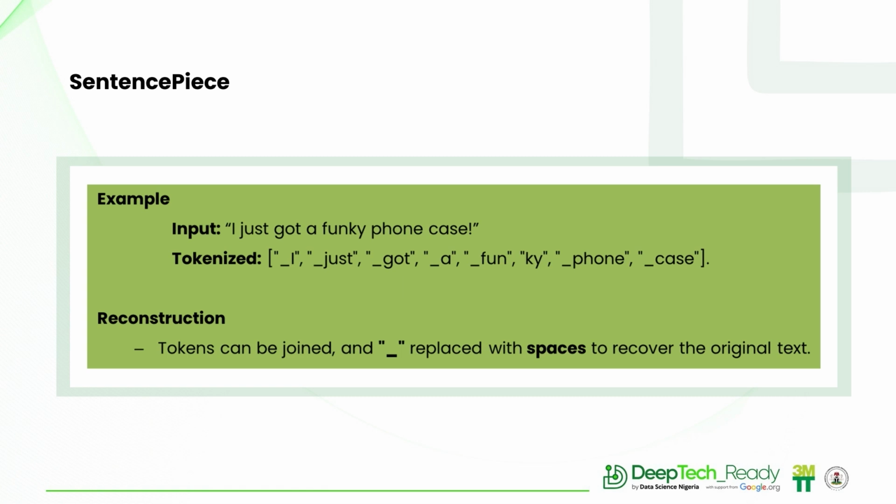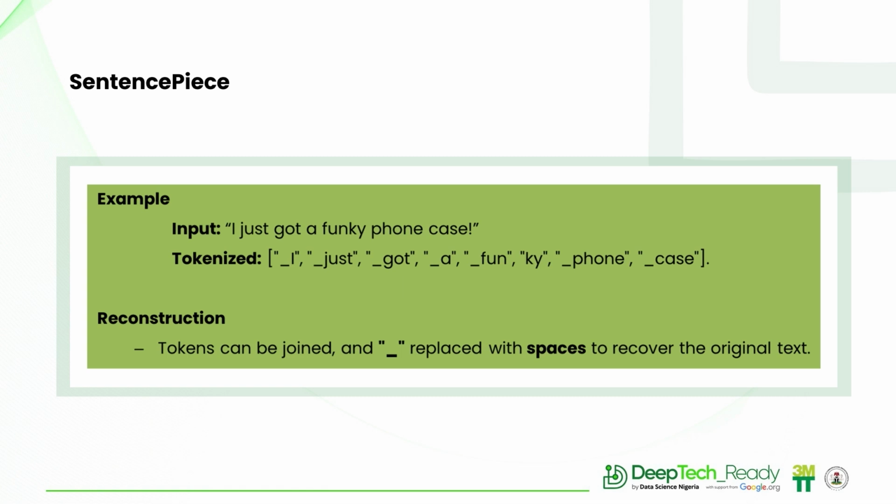This boundary marking helps the model understand where one subword ends and where the next begins, and it makes tokenizing text more efficient and effective in ways that are flexible across various languages. Note that some tokens like KY here may not have a preceding underscore because they are part of a larger word split during tokenization. Okay?